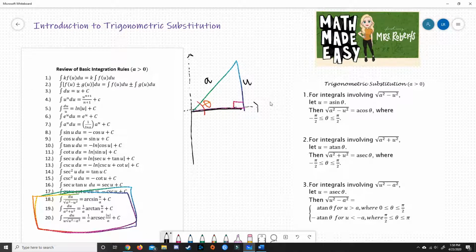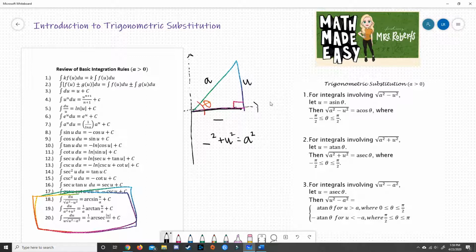Well, this is a right triangle. We can use the Pythagorean Theorem, which says this side squared plus this side squared equals this side squared. So this side right here, we'll call it line. Line squared plus U squared equals A squared.